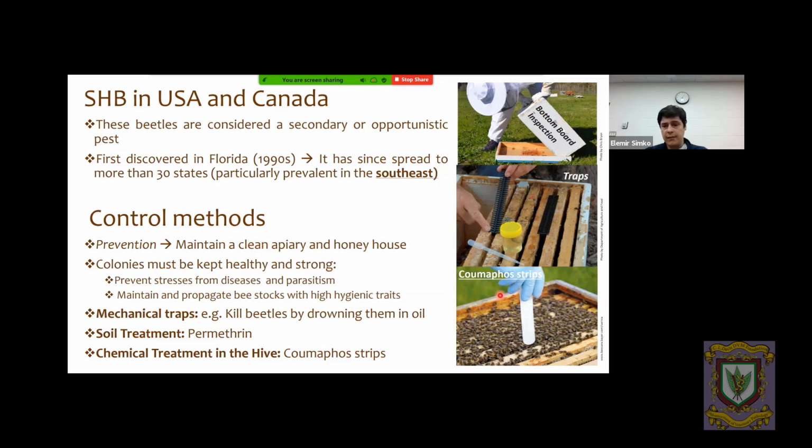As Elmer said, this is one possibility for treating also Varroa destructor. But I recommend a little bit of caution here when it comes to introducing Coumaphos to a hive, because we already have a few cases of resistance of Varroa to Coumaphos.